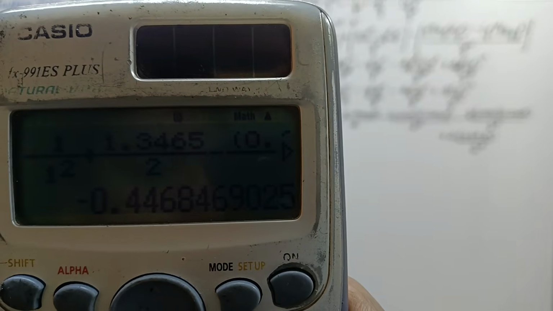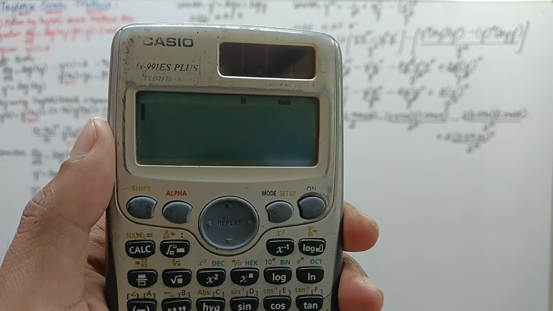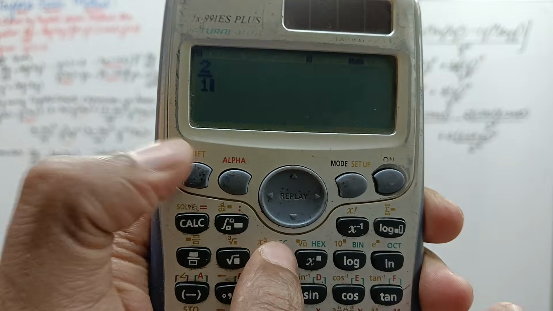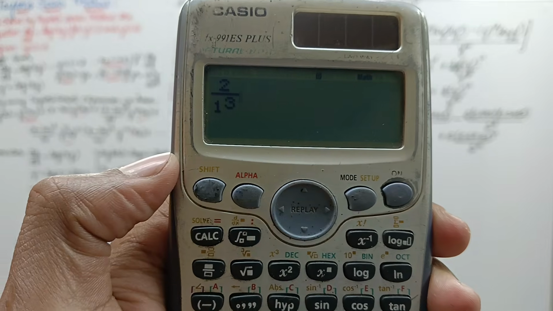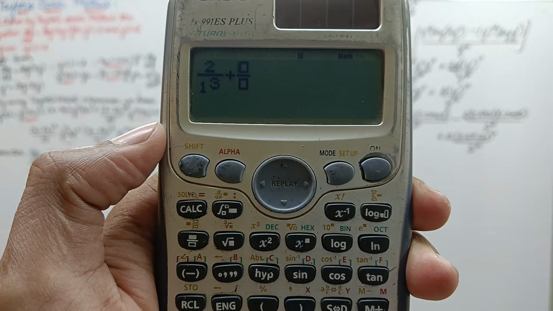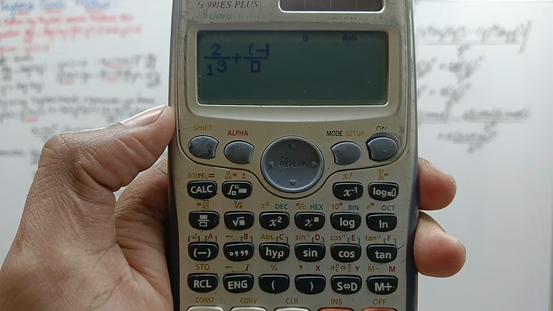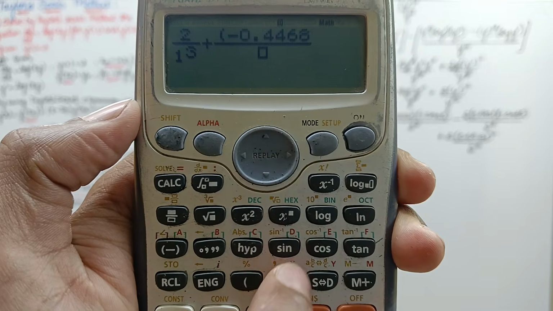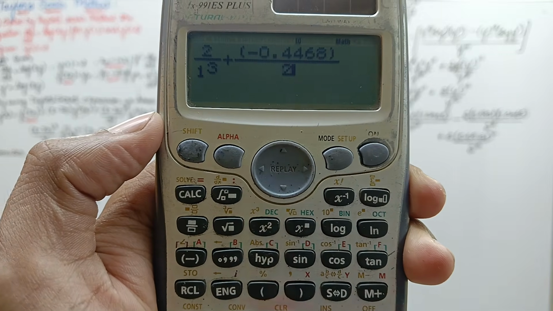Okay. Now let us simplify in the calculator. 2 divided by 1 cube. 1 cube is 1, plus, again numerator denominator, minus 0.4468 divided by 2.